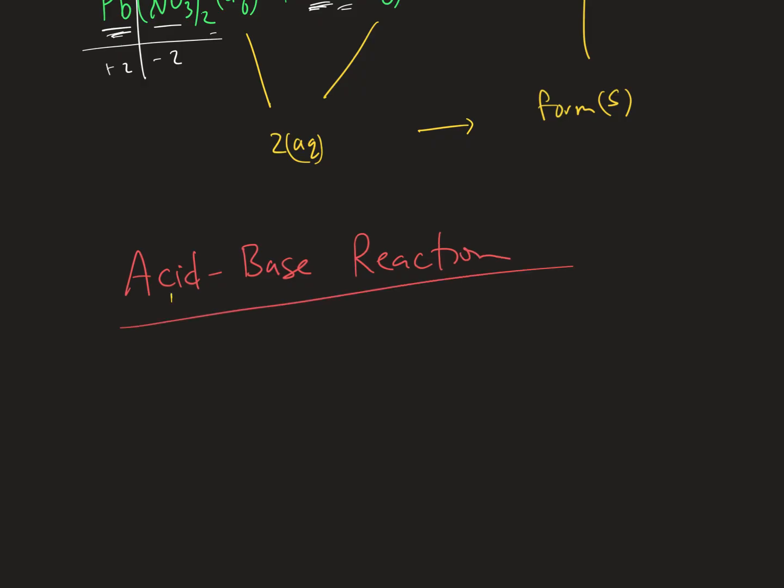Okay, how do you know it's an acid? H plus as the cation. How do you know it's a base? OH minus as the anion. And we also call these neutralization reactions.